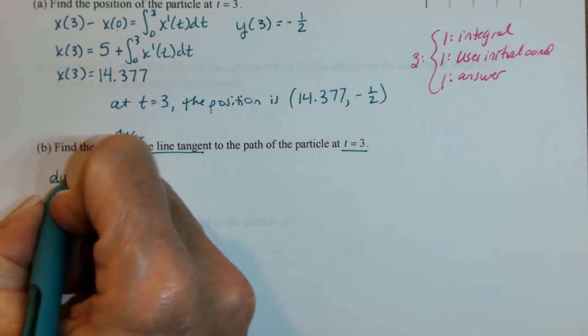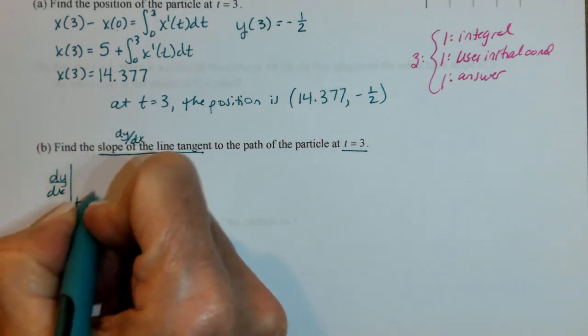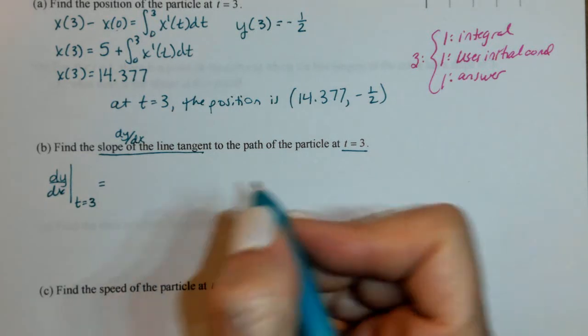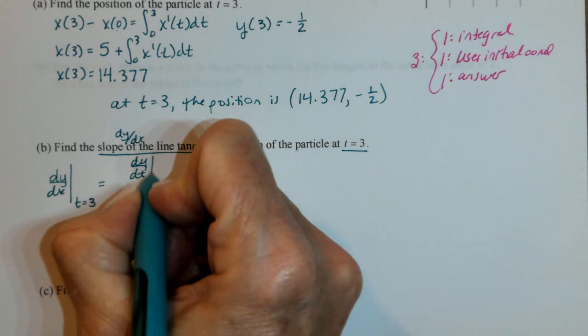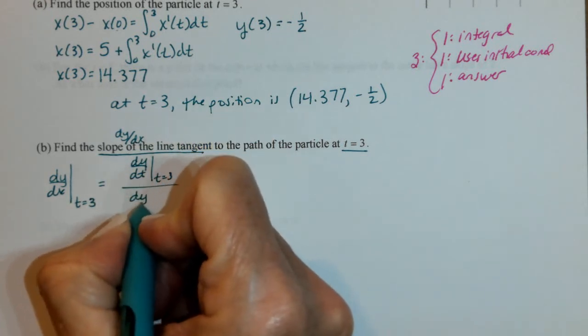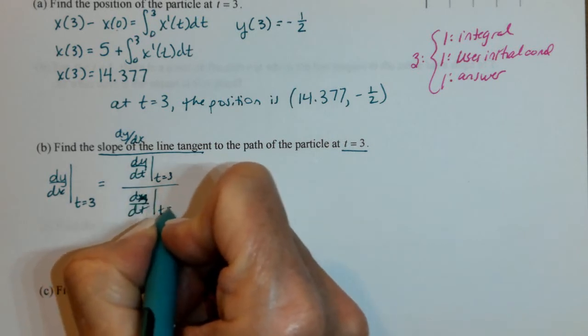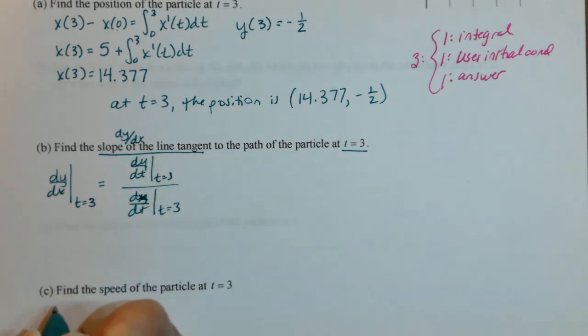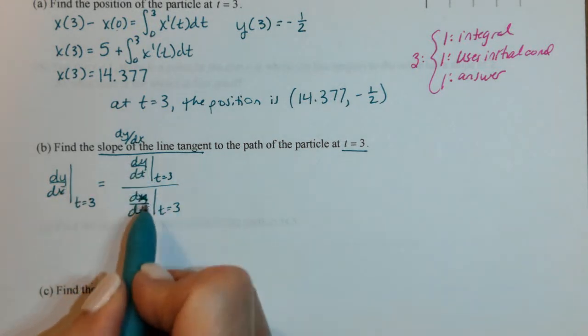Remember from parametrics, dy/dx at time 3 is dy/dt at time 3 divided by dx/dt at time 3. That was what we did with parametrics. dy/dx is dy/dt over dx/dt.